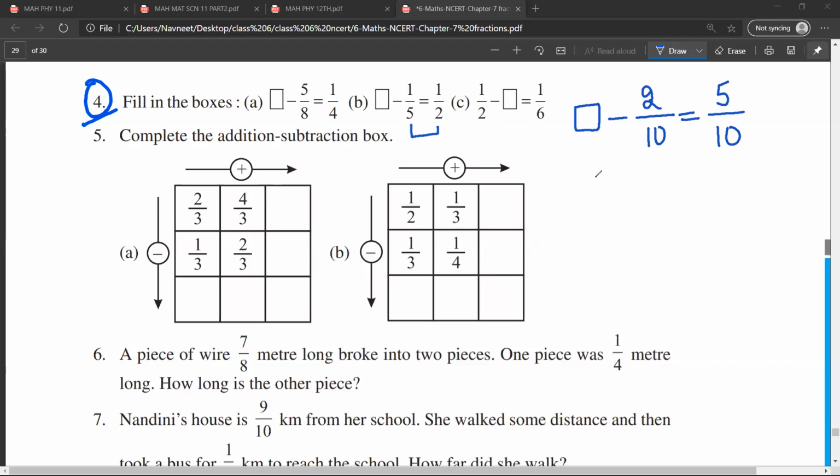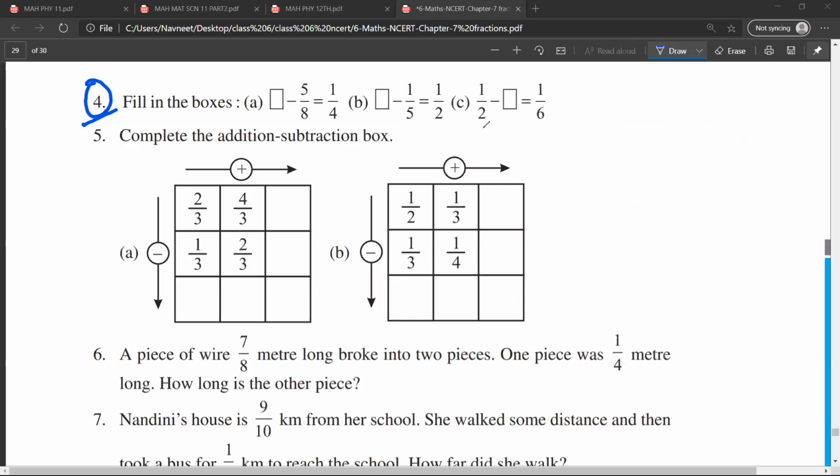Therefore, this would be equal to 7 upon 10 minus 2 upon 10 is equal to 5 upon 10, and this something would be 7 by 10. So my answer would be 7 by 10. Sarthak, is it okay? Yes, sir. Very nice.